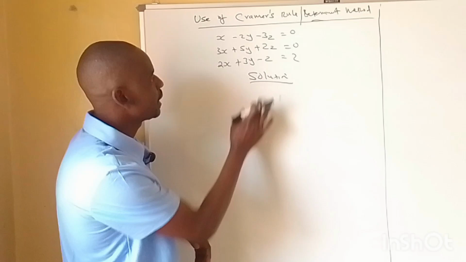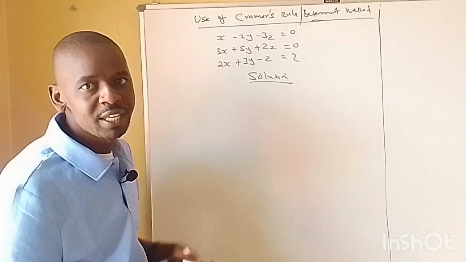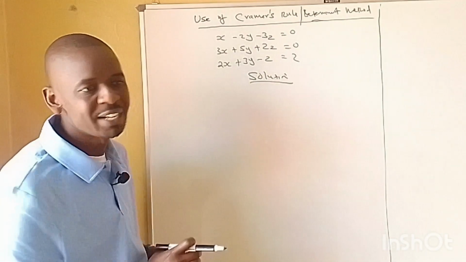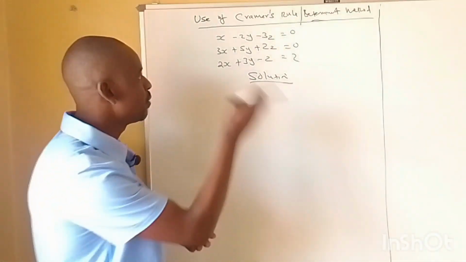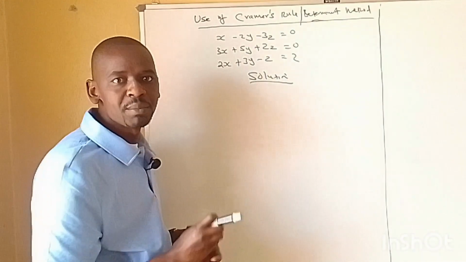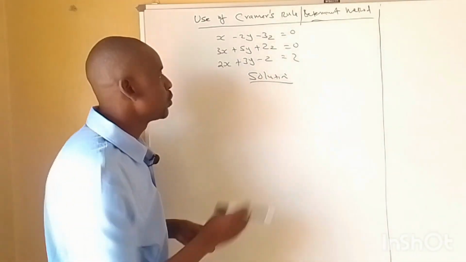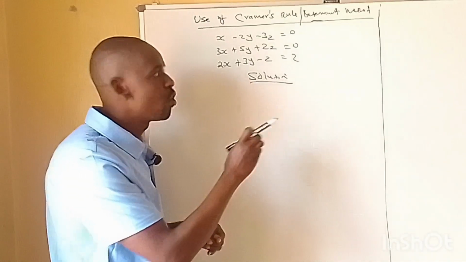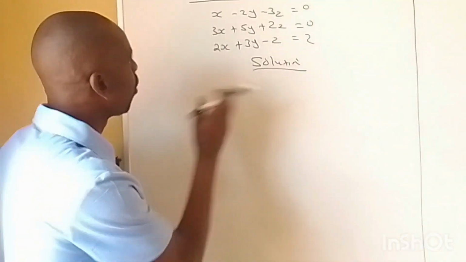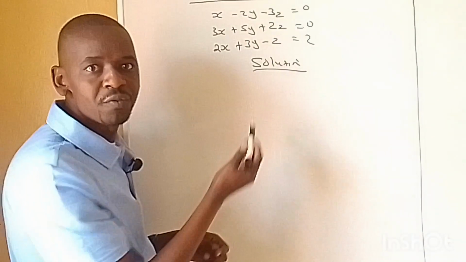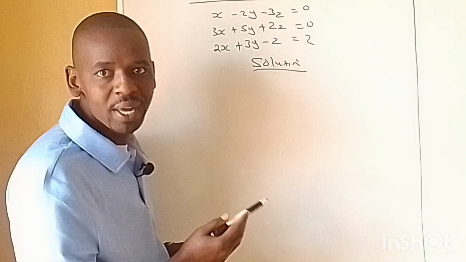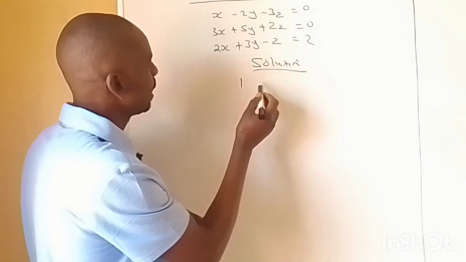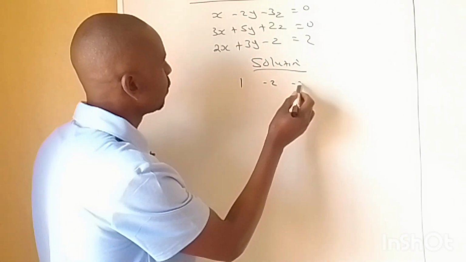Now, let's go back here. The first step is to determine the determinant of this matrix. So the first step is just to write the matrix form of this. The matrix form is you take the coefficients of x, y, and z, which is 1, -2, and -3.